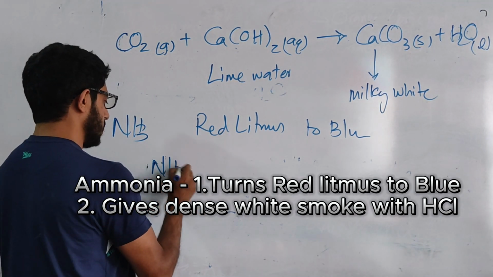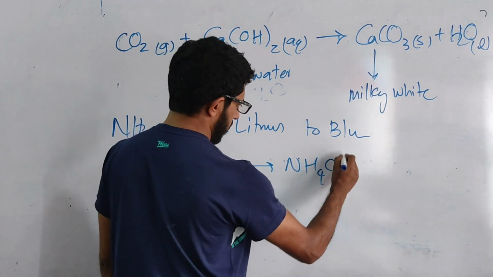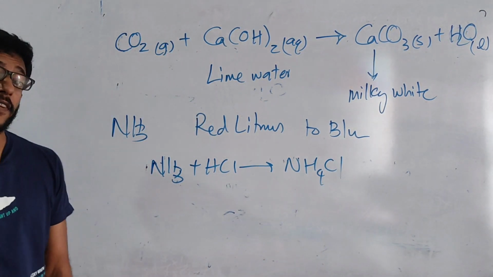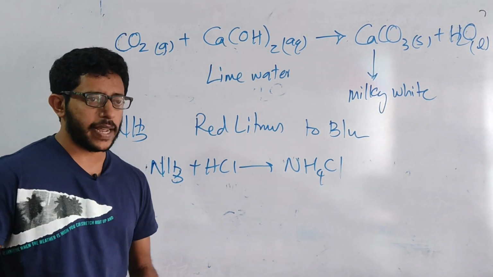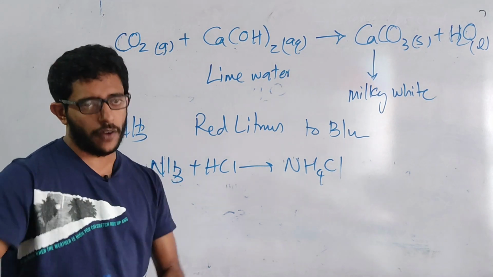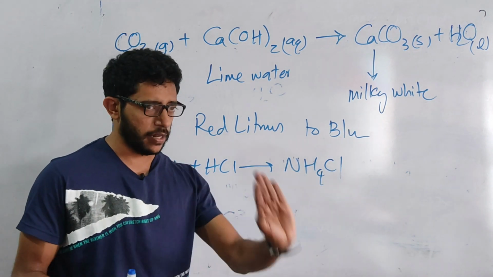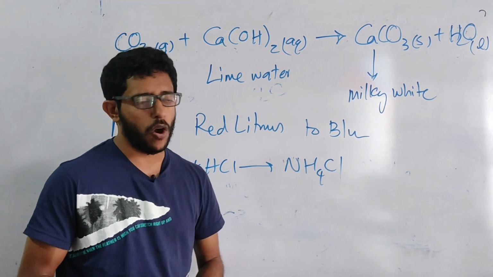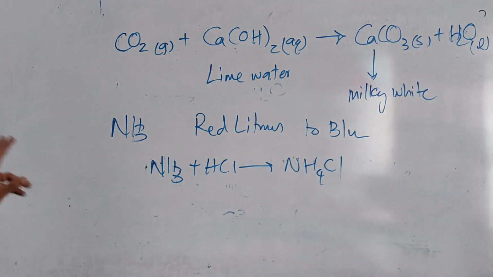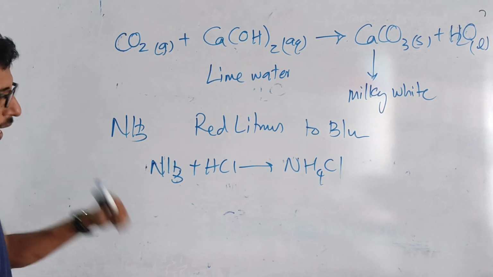What happened there is ammonia reacts with HCl to produce ammonium chloride, a white solid. So what you do is you get a rod with concentrated HCl and hold it towards the gas. So that is for ammonia.